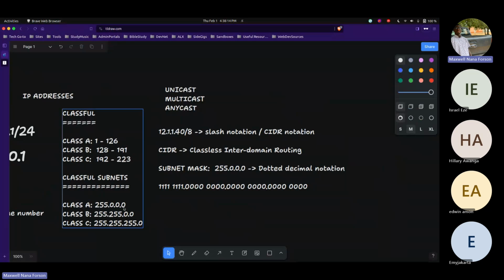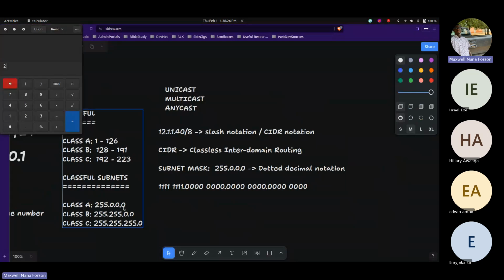We have 3 zeros octets, meaning that we have 24 bits that we can use for IP addressing. If we do this mathematically, if I do 2 raised to the power 24, you can see the number of IP addresses that we can have. It's impractical that at a particular location this number of devices will be there.